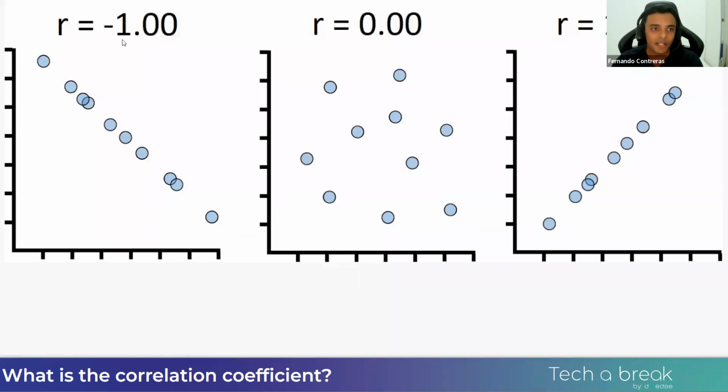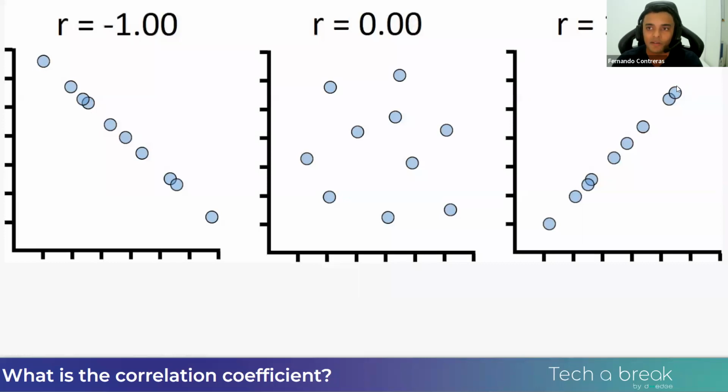For example, here at your left, you can see how these variables present a high negative correlation, because the more the value of X increases, the more the value of Y decreases. So this is an example of high negative correlation.